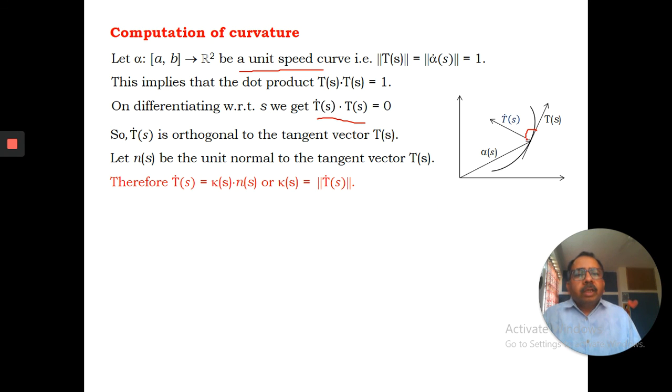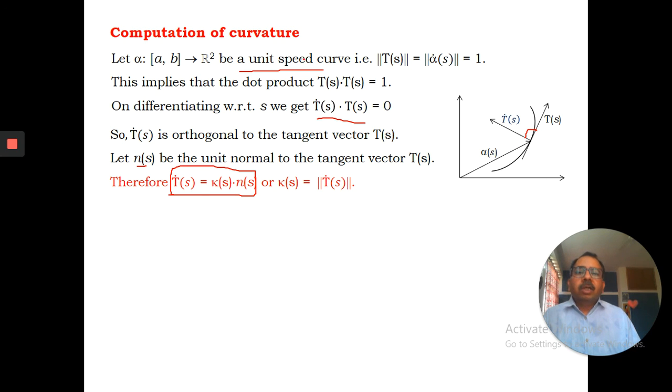Suppose in this direction, N is a unit normal vector. It means this vector T' is a multiple of the unit normal vector. So T'(s) is equal to k times this unit normal vector. This k is called the curvature of the curve at this point s.